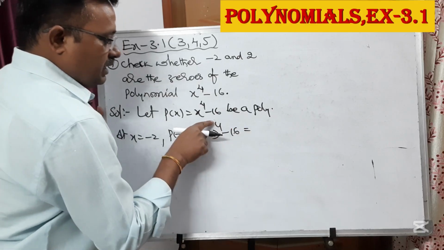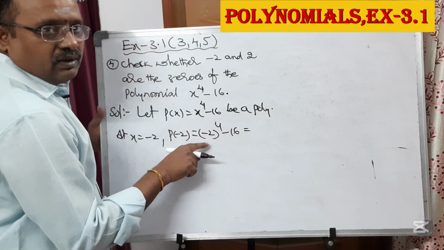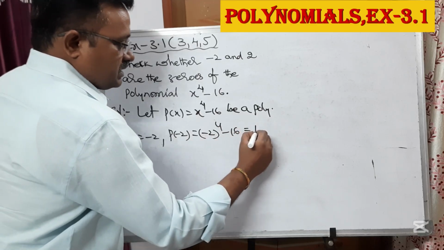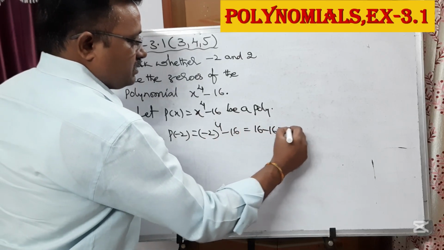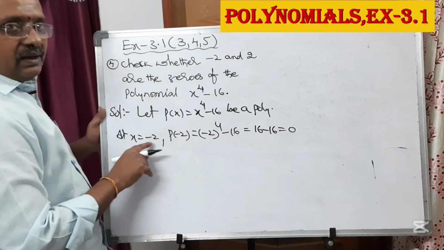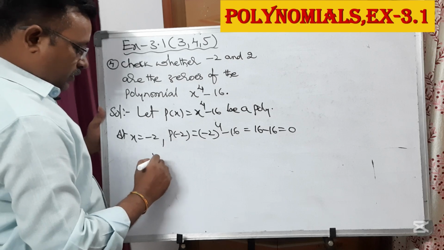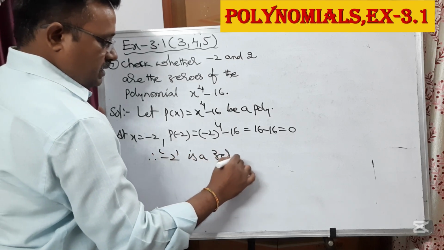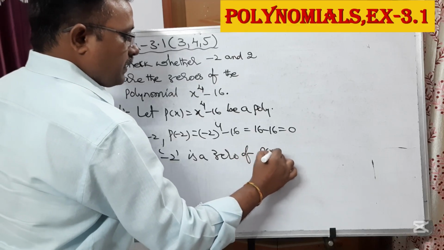This is equal to, even power for a negative value will become positive. So that is positive 2 power 4, that is 16 minus 16 equal to 0. Polynomial is 0 because of this variable value substitution. Therefore, minus 2 is a 0 of p of x.